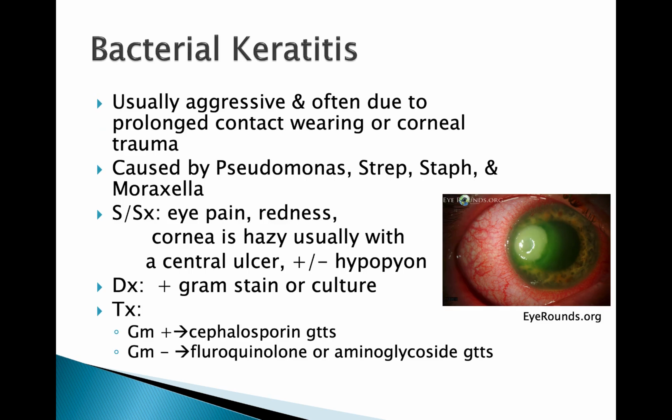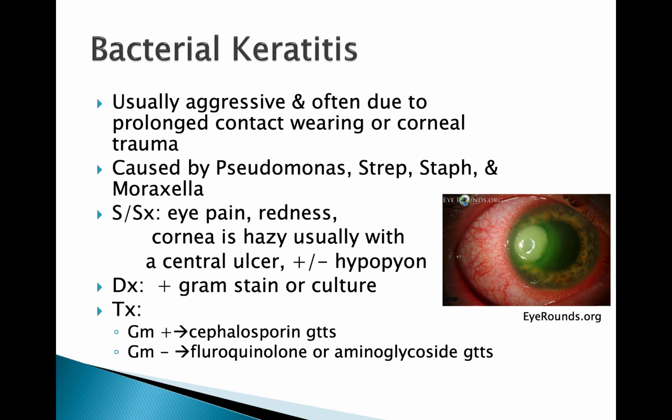Bacterial keratitis is usually aggressive and often due to prolonged contact wearing or corneal trauma. So the keratitis is actually just an ulceration in the cornea, and it's typically caused by Pseudomonas, strep, staph, and Moraxella. Signs and symptoms of this is you're going to have somebody with eye pain, redness.